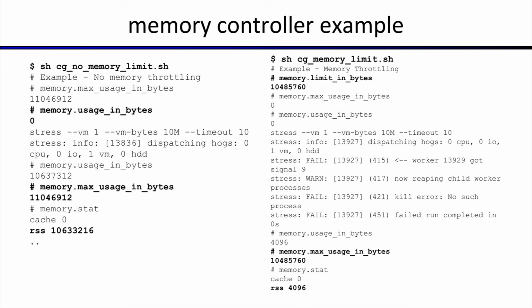It does not get the memory that it needs, and the child is failing over there because the memory control group now kicks in and does not give it the memory that it is asking for. Here's an example of how you can actually use memory limits effectively. That is also the final topic I wanted to cover in memory management here.